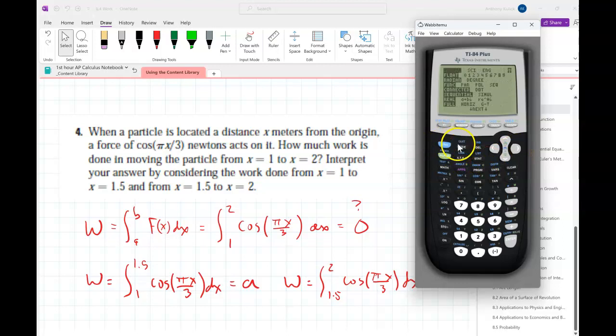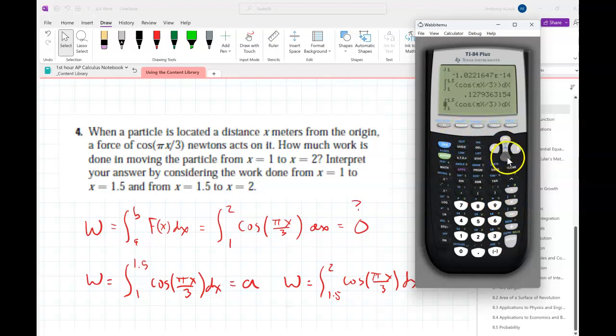Good, I am in radian mode. Yeah, so I basically get 0, right? If I go from there to there, I get some positive number.